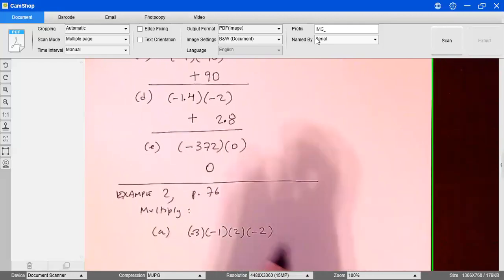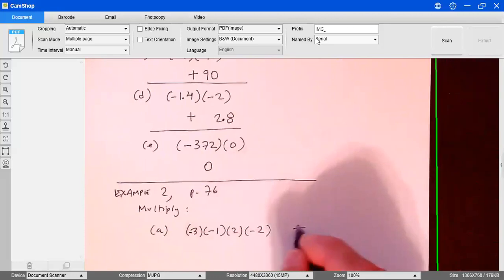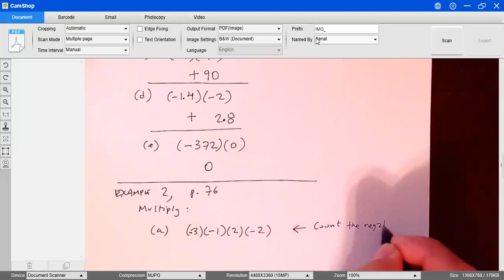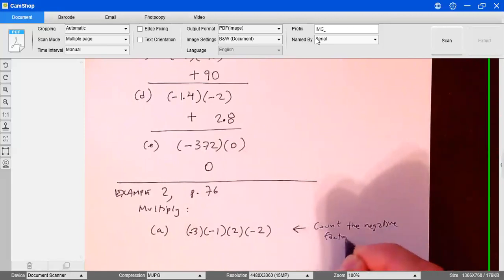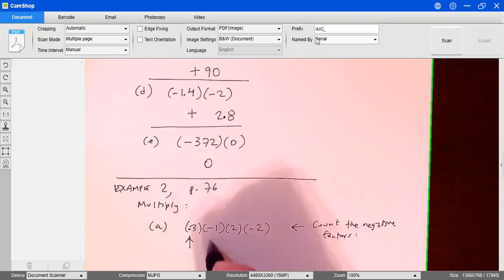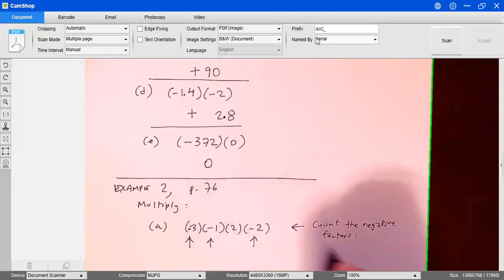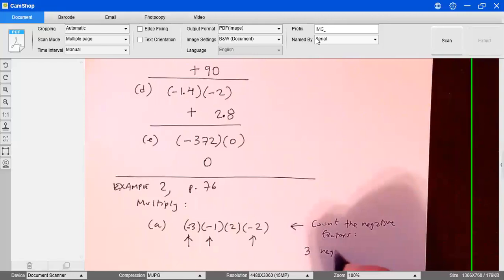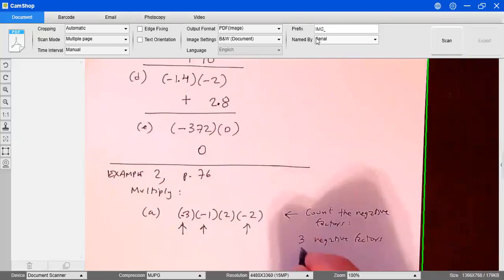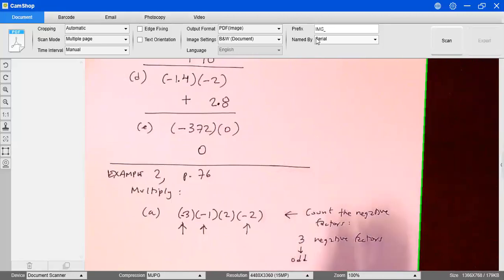So the first thing that we're going to do is count the negative factors. So you have 1, 2, and 3. So there are 3 negative factors, and 3 is an odd number.